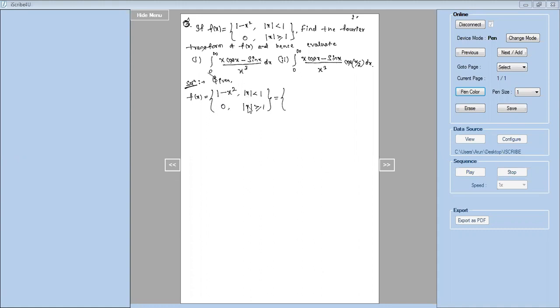I'll apply the same concept and rewrite this as 1 minus x square. You know mod x less than 1 can be written as minus 1 less than x less than plus 1. Correct. So only in this range, mod x less than 1, is minus 1 to plus 1.